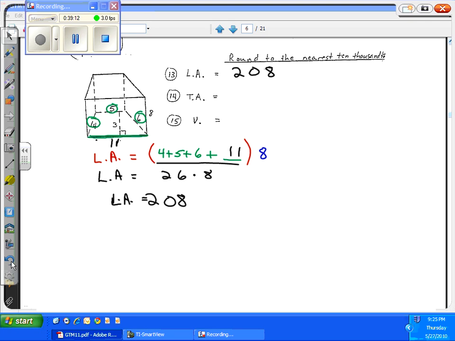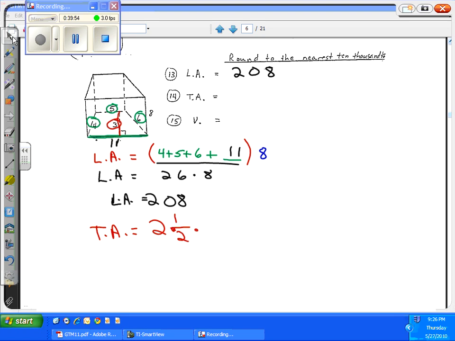The total area, to find the total area, you would add the bottom and top. So you would go 2 times the area of the bottom plus the lateral area. Now, the bottom is a trapezoid. And the formula for a trapezoid is 1/2 height times sum of bases. So we're going to have 2 times the area of the bottom, again, which is 1/2 times the height.